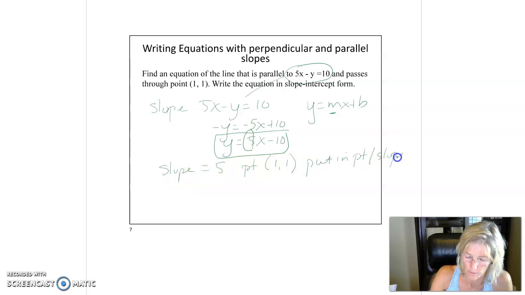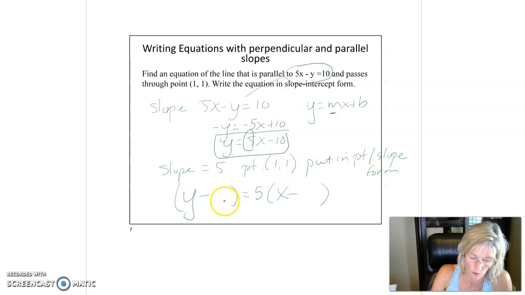That kind of tells you I've got a point, I've got a slope. That's my formula. So again, it's y minus y1 equals m times x minus x1, and now I plug in the point that I need. The point that I'm using is 1, 1. It gave me my point.